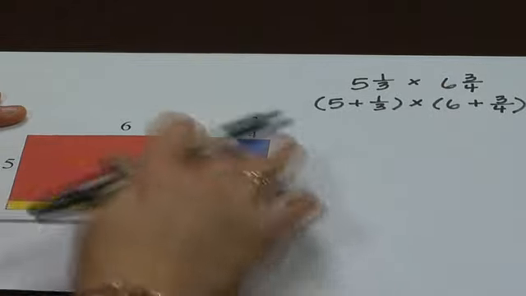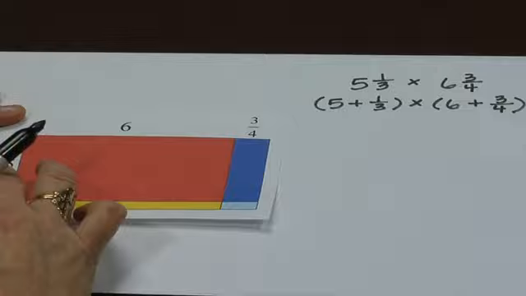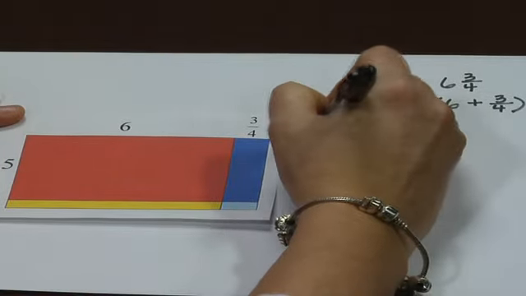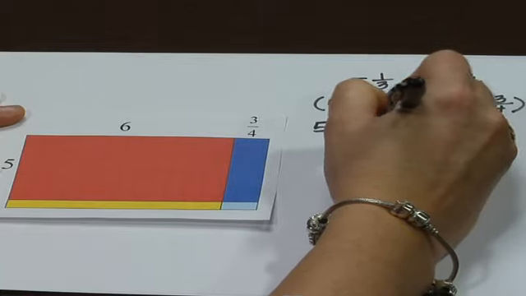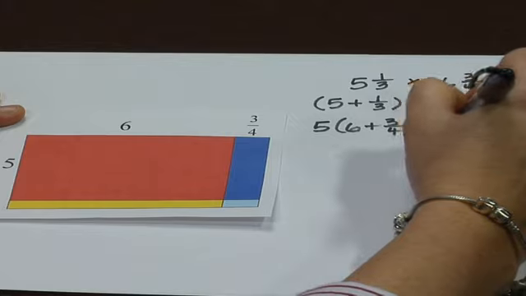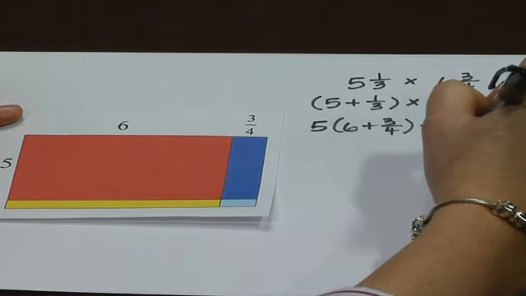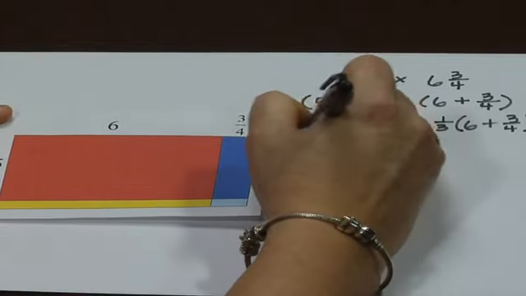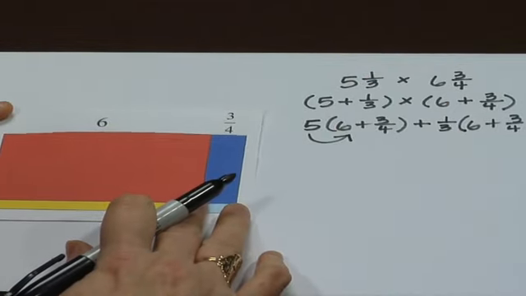So we can see in our model that 5, again, will be distributed to both 6 and 3/4. 1/3 will be multiplied to both 6 and 3/4. We'll get 4 partial products.